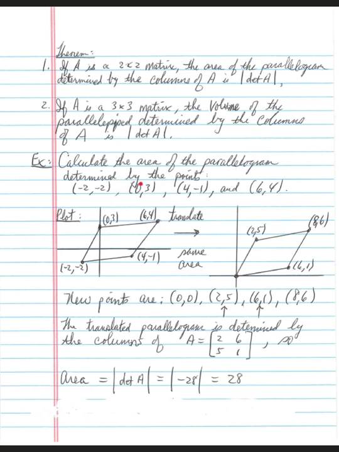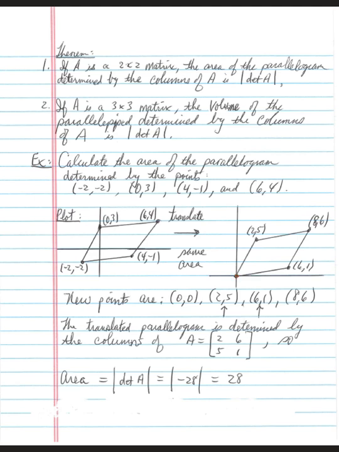Now, if you're given points, and these will form a parallelogram, I'll sketch the original. Given these 4 points, (-2, -2), (0, 3), (4, -1), (6, 4), the idea is if one of these original points is not the origin, then you pick one of your 4 points and translate it so that it does fall on the origin.